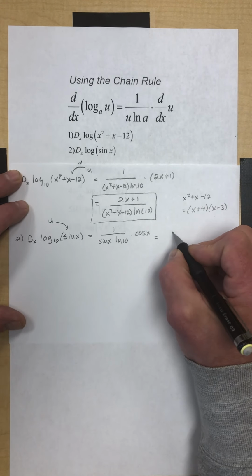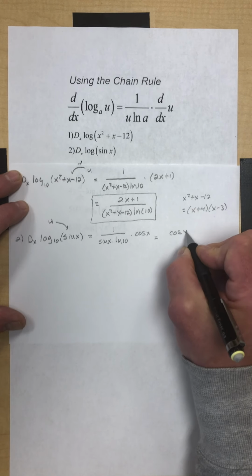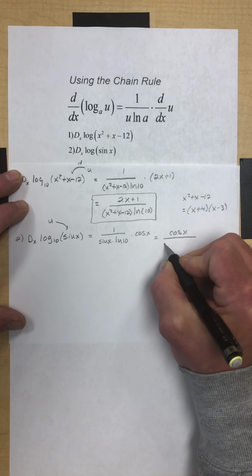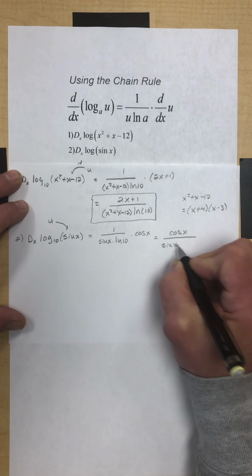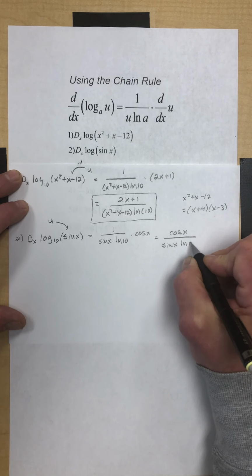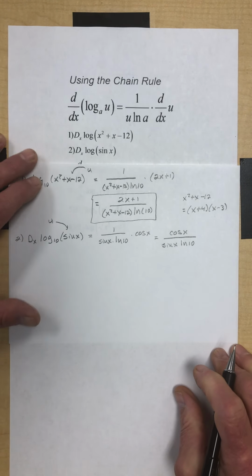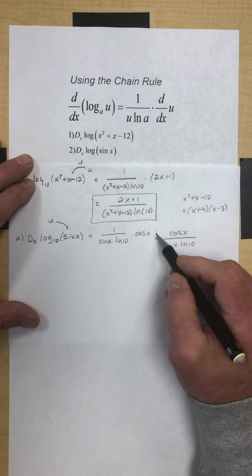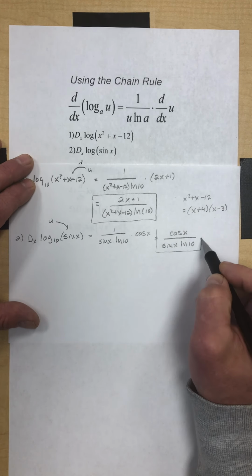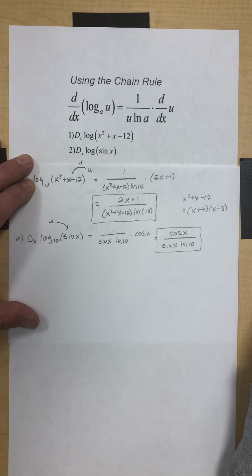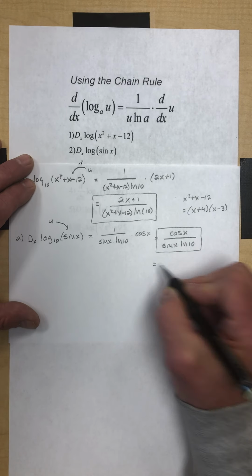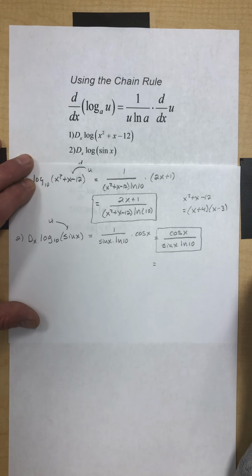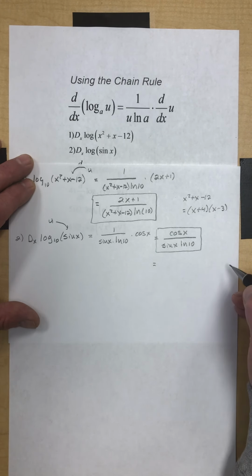I could write it as cosine of x over sine of x times natural log of 10. Now it depends on who's in the front of the classroom. Some people might say that is an acceptable answer. But notice we have that cosine over sine, and cosine over sine is cotangent, because remember, sine over cosine is tangent, so cosine over sine is cotangent.